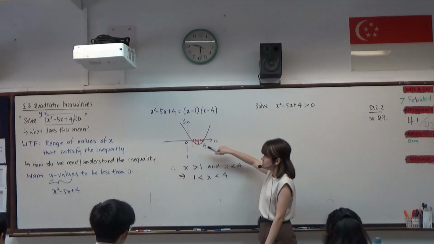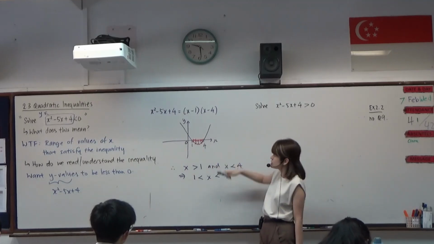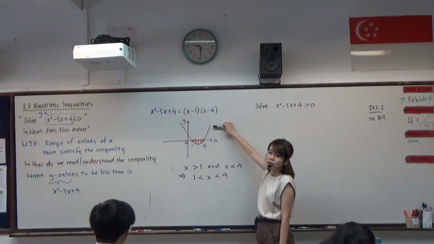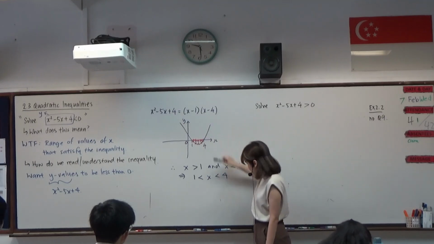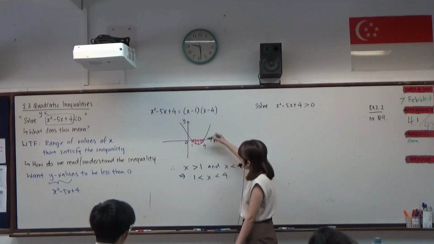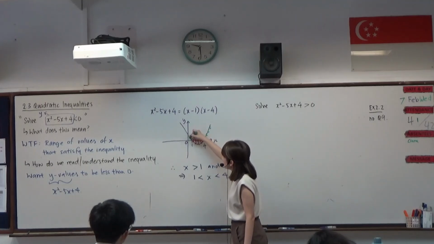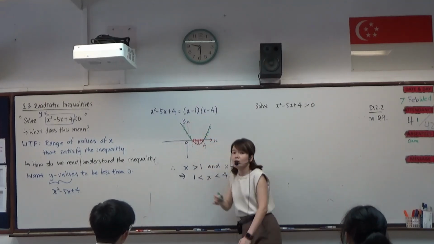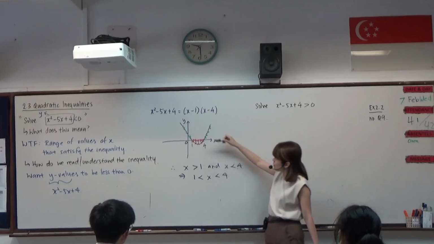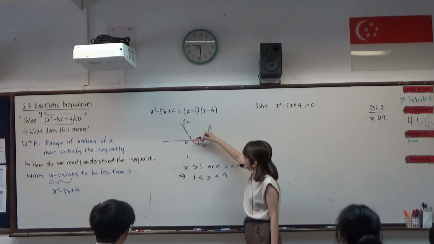Now consider the points on this graph that give us y values that are more than 0. Those are the points above the x-axis, these points over here. And what are the corresponding x coordinates?